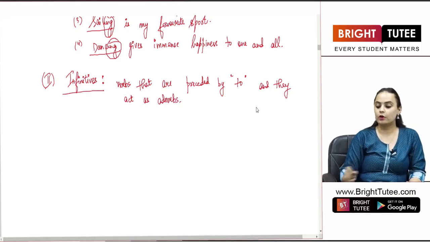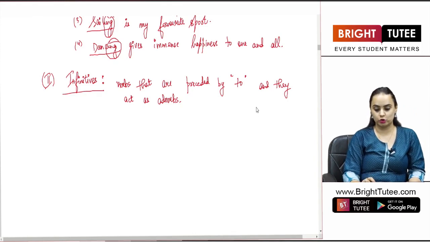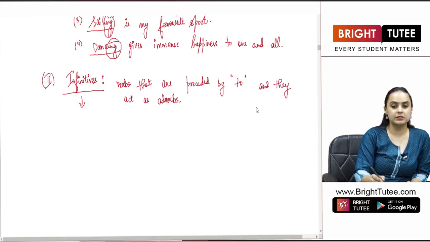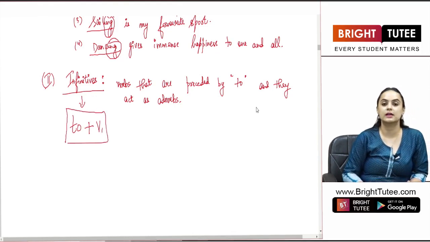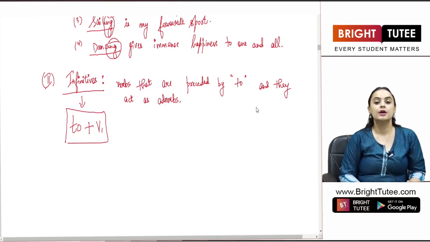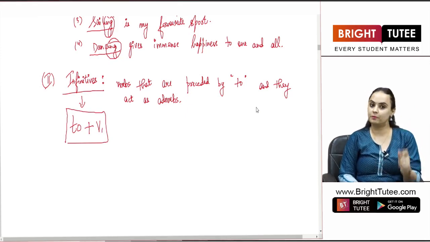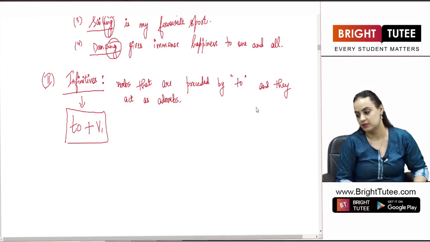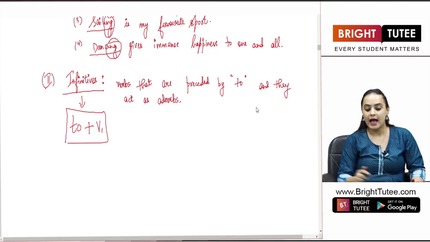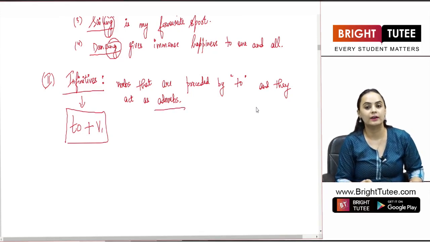So they are always preceded by to. So infinitives are always to plus the first form of the verb. These verbs are known as infinitives, which will always have to before them. They will always be used in their base form, in their original form, and they are used as adverbs.